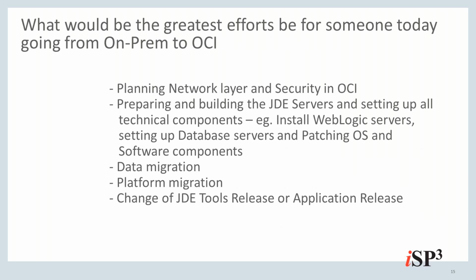So here are some of the tips that I would bring up. If someone today wants to go from on-prem to cloud, where would you spend your effort or time to get things right? As you can see, the first bullet point I have listed here is planning the network layer and the security in OCI.